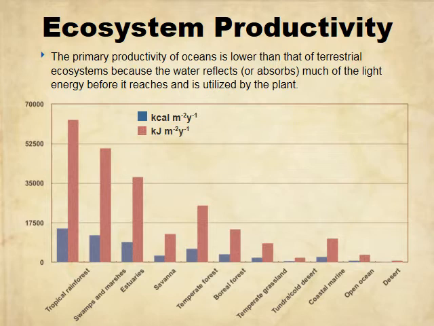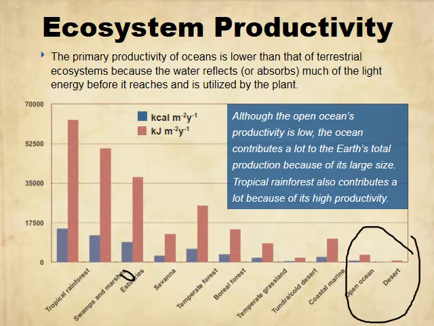And then we have swamps, marshes, and estuaries. They're not very diverse, but they are super productive ecosystems. And then we have the two least productive. You've got deserts, open oceans, and temperate grasslands that are super low, as well as taiga and tundra, places like that.